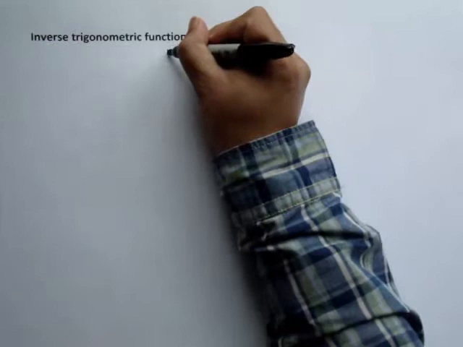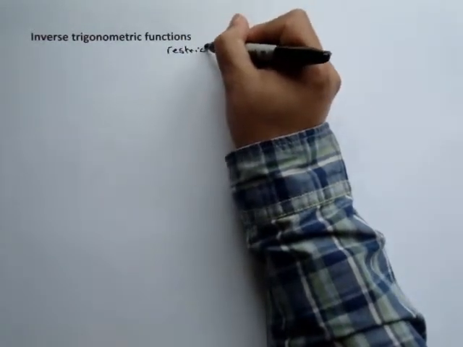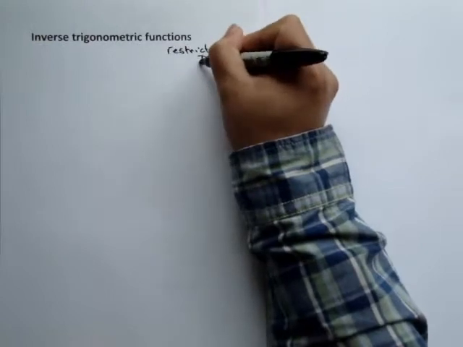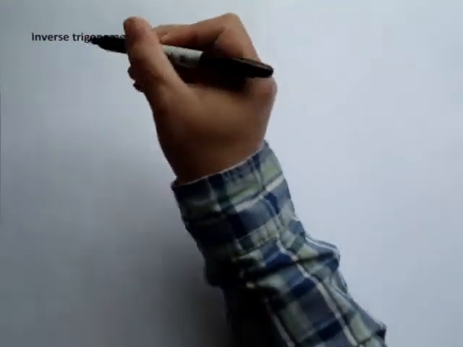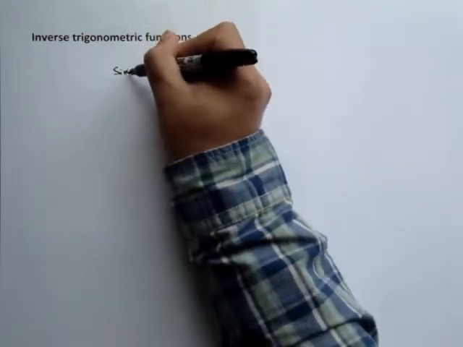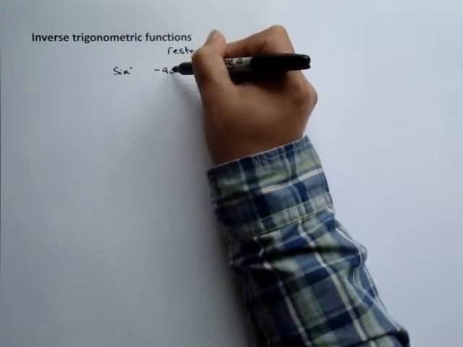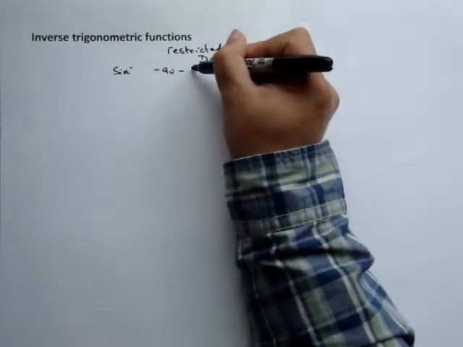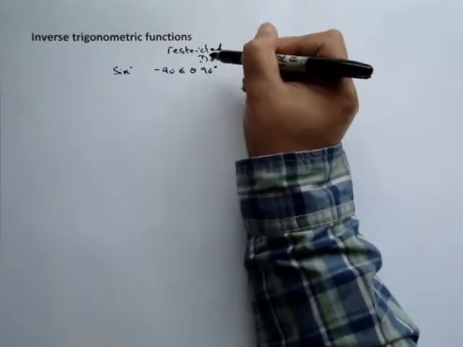When doing questions involving inverse trigonometric functions, we have to remember the restricted domains and bear that in mind. So for inverse sine, it's minus 90 degrees to 90 degrees.